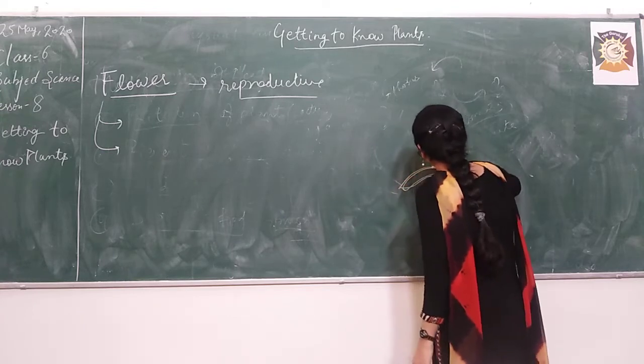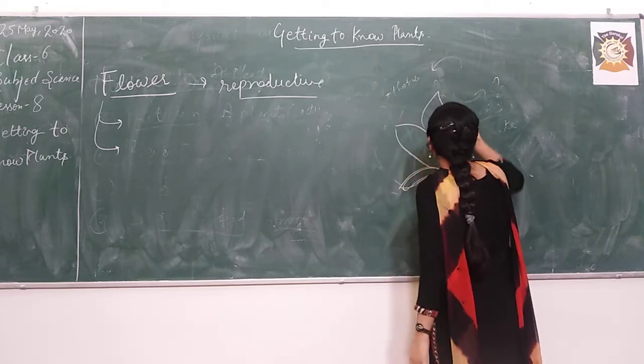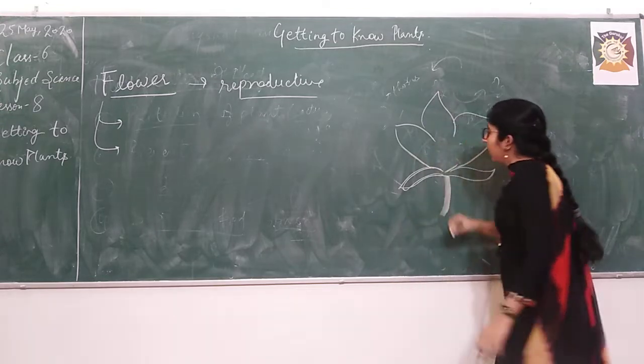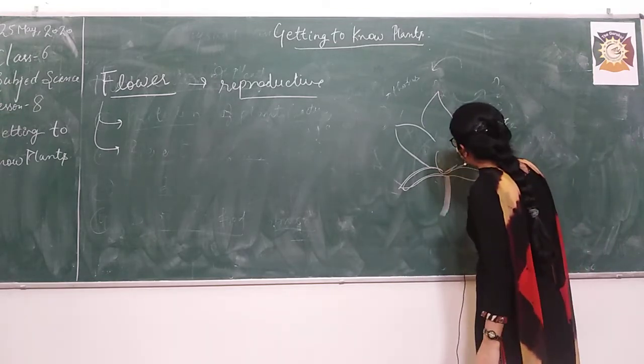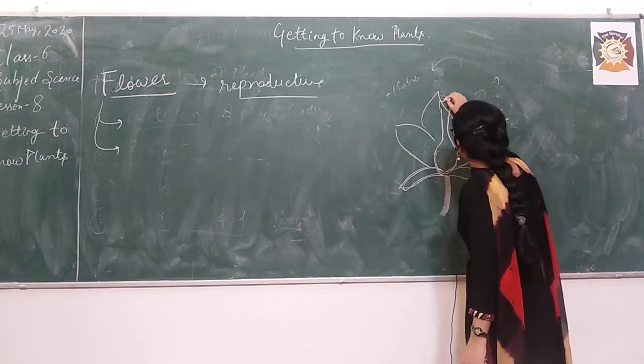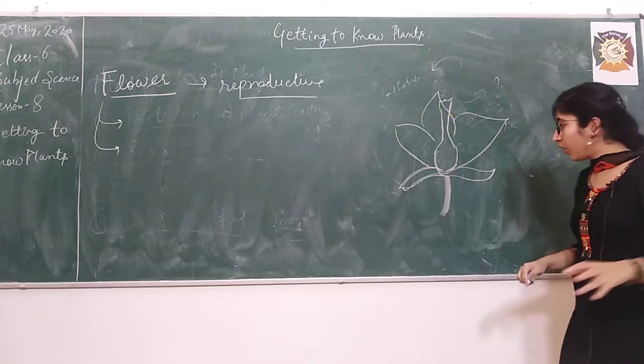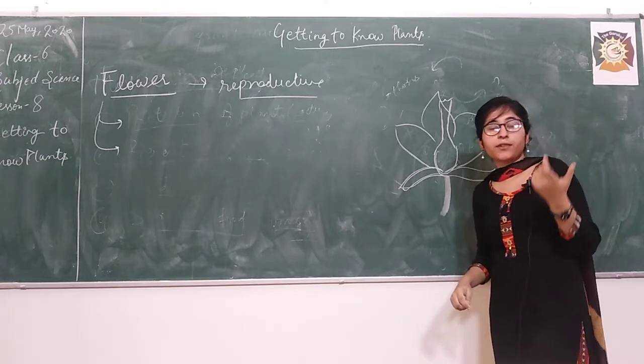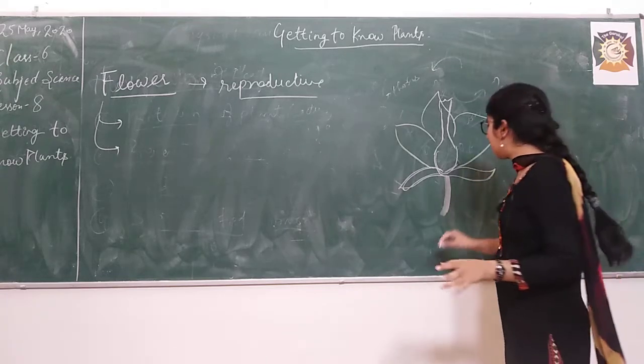Now see, I am just drawing a rough diagram. See students, first of all there is a stalk. In the flower there is a stalk through which it is attached to the stem.